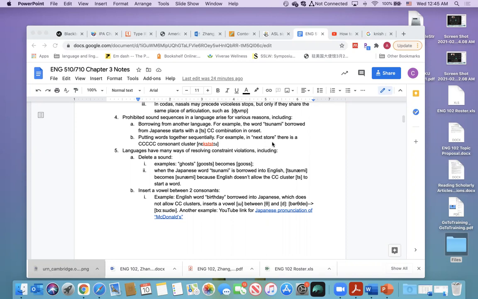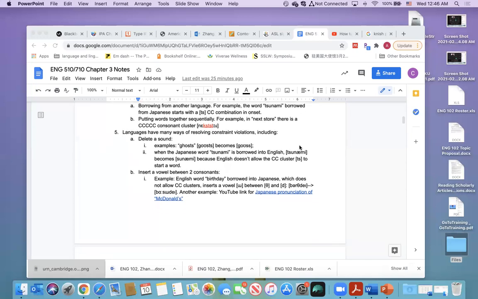For example, next door, you actually have a 5-consonant cluster, right? But these are actually two words instead of a single word. And so although it is possible to have a 5-consonant cluster, it's not usually within one word, but it may be in a sequence of speech.